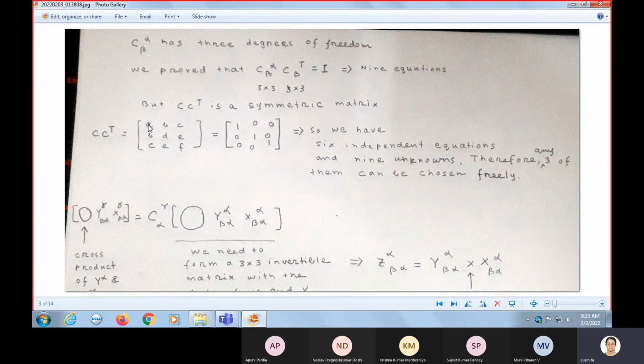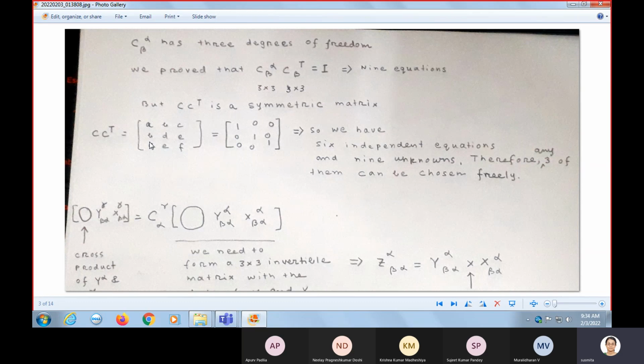So symmetric matrix means the off diagonal components are given by this, right? And then on the right side of this equation we have the identity matrix. So if we equate each element of the two matrices, we get 9 equations. But since we have a symmetric matrix, 3 equations will be identical.